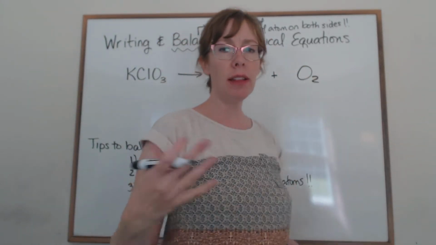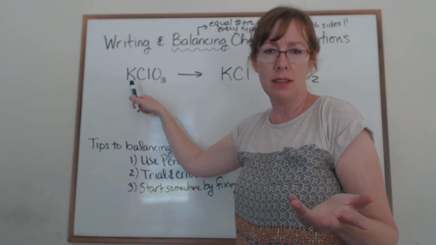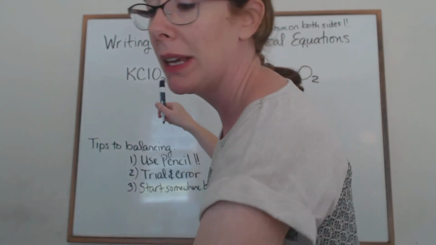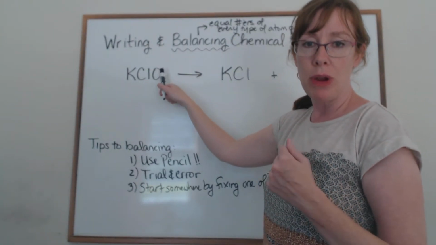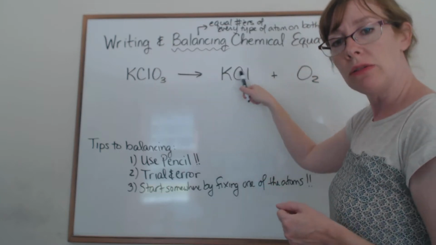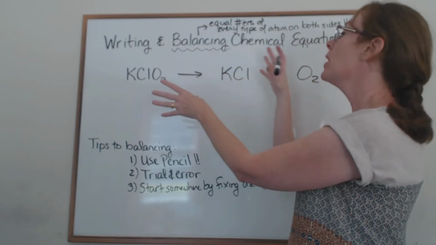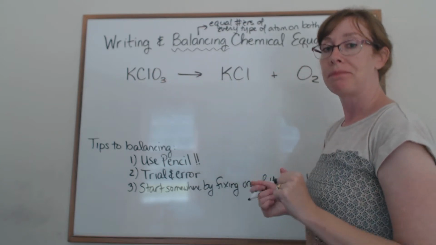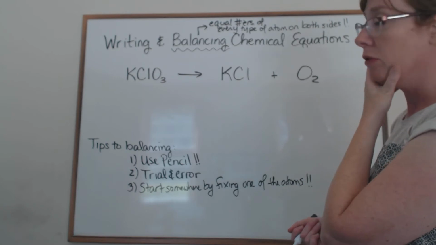It's not like you have to know what this makes. That's not something that you would be expected to know when it reacts, or again, in this case, it would be decomposing, breaking down. But if someone tells you what the two products are when it decomposes, you have to go ahead and balance it. So you can pause the video if you want, but I'll talk you through how to balance it.